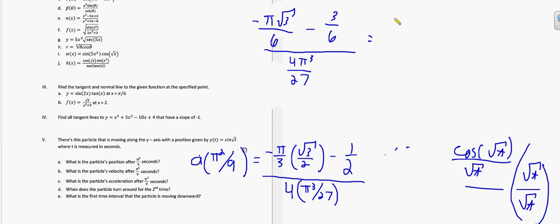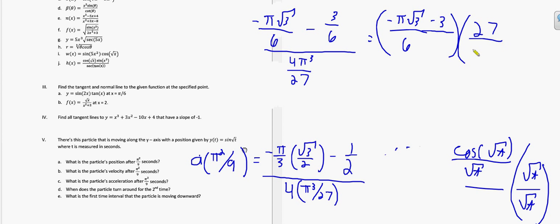Same thing as negative pi root 3 over 6, well, minus 3. And we're going to multiply that by the reciprocal at the bottom, which is 27 over 4 pi cubed. So really the acceleration, you can leave it like that, that's just nasty. We'll leave it like that. That's the acceleration.